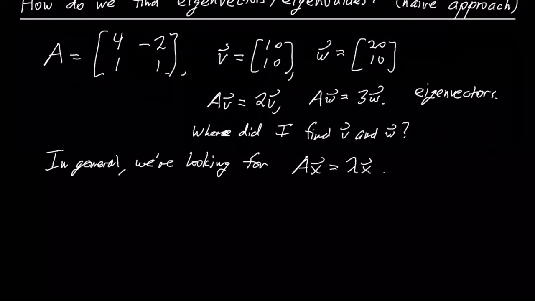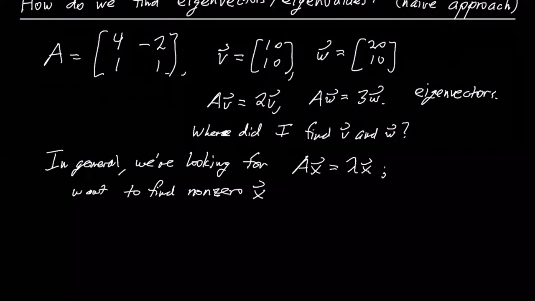So we want to find a non-zero vector x. It's going to be important that it's non-zero, because certainly if x was 0, then this becomes kind of trivial, right? So x equals 0 would satisfy that for any lambda.